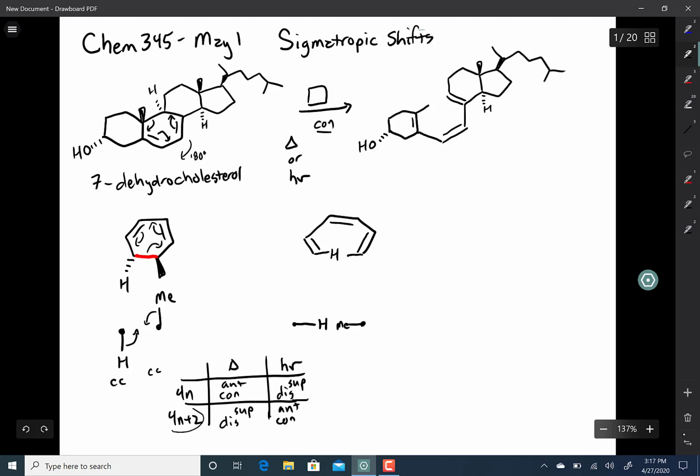So 6 electrons, conrotatory, so this is light. So we need light to do this reaction.